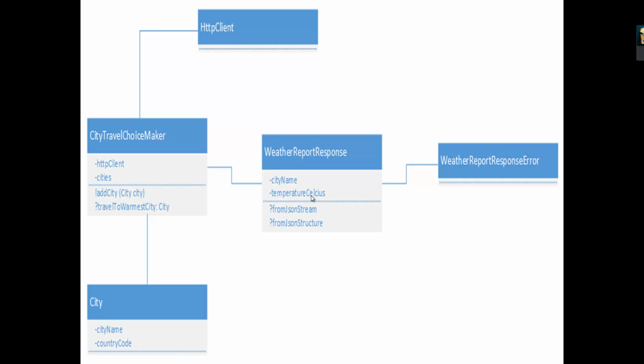And a few of those very basic classes and methods I've already created and sent around in the file out just to save time, because we want to focus on unit testing. And we don't want to focus on creating instance variables and getters and setters. So that's why I already sent that around, and we're going to extend it. For example, the city travel choice maker is not existing yet. I will create a few unit tests together with you, and you will then be kindly asked to create a few more later.